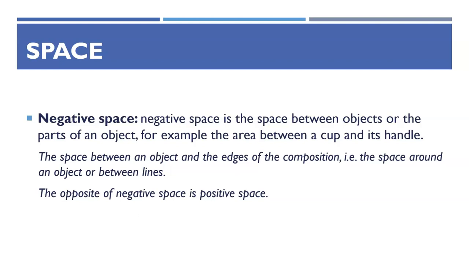It's just the way it is described. So for example, the area between a teacup and its handle, that's called negative space. The space between an object and the edges of the composition, it is the space around the object or between lines. Also, those are called negative space. And the opposite of negative space, obviously, is positive space.